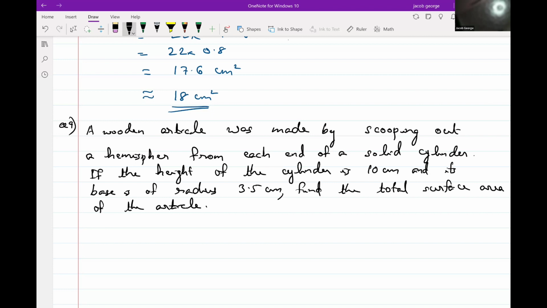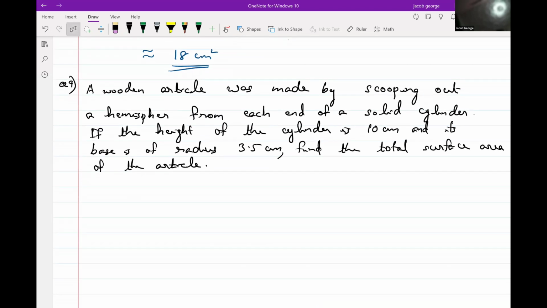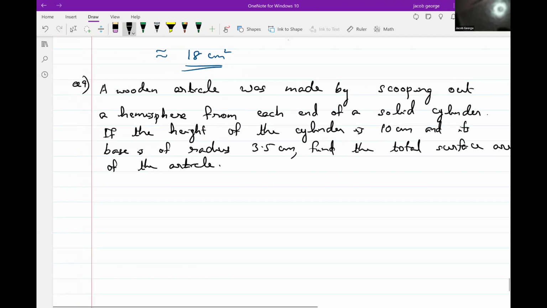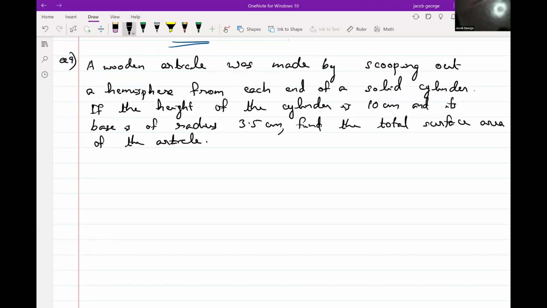Please write. A wooden article was made by scooping out a hemisphere from each end of a solid cylinder. So we will draw a solid cylinder, and hemispheres are scooped out from each end of the solid cylinder. In the last question a cone was hollowed out, but here hemispheres are scooped out.